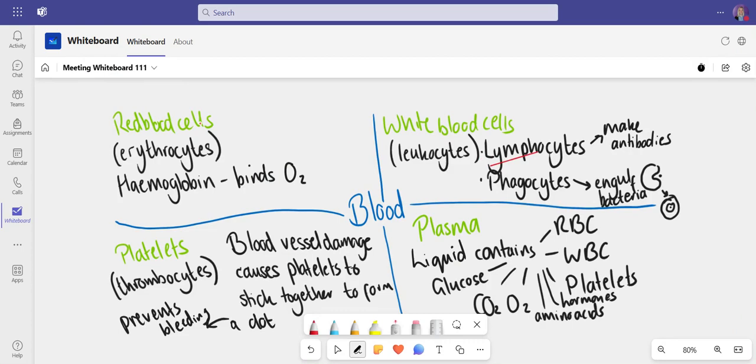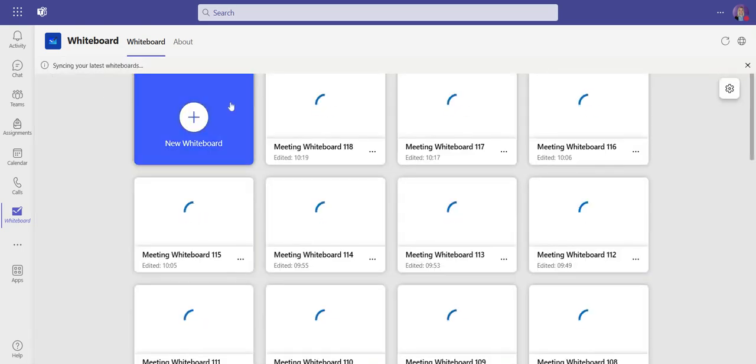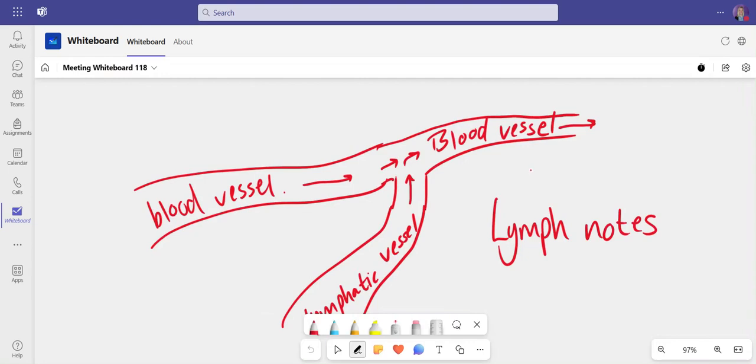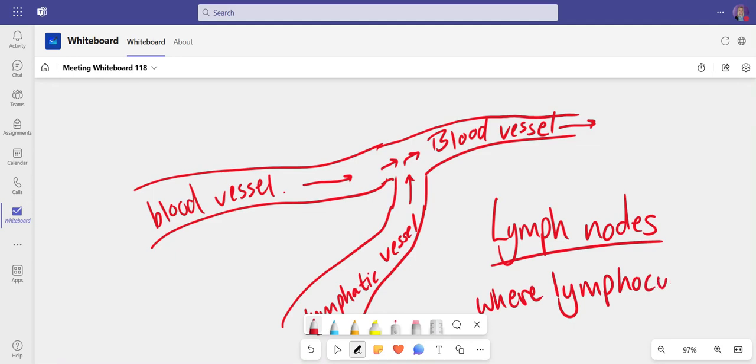And that's where that name comes from. So your lymph nodes, part of your lymph system, writing and talking at the same time makes me make mistakes. So your lymph nodes is where lymphocytes, which were the white blood cells that made antibodies, are made.